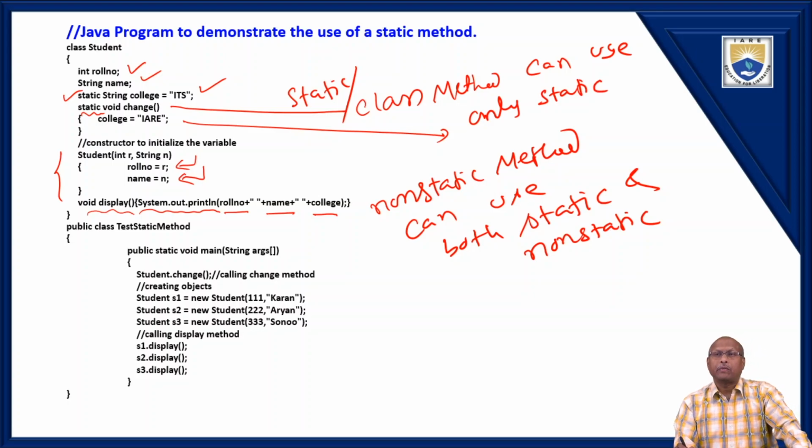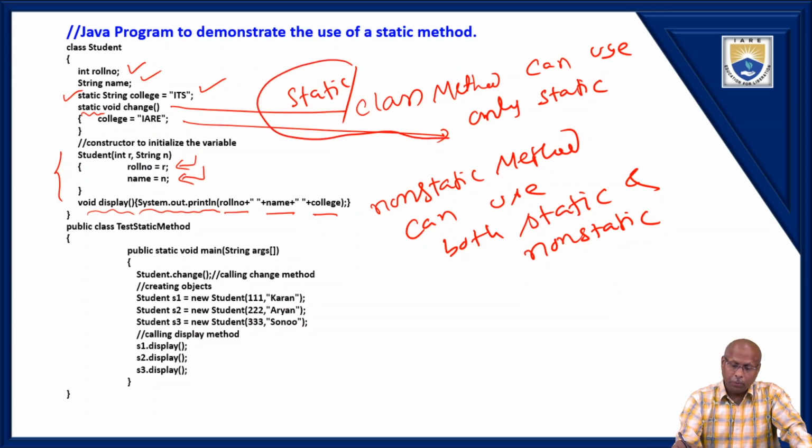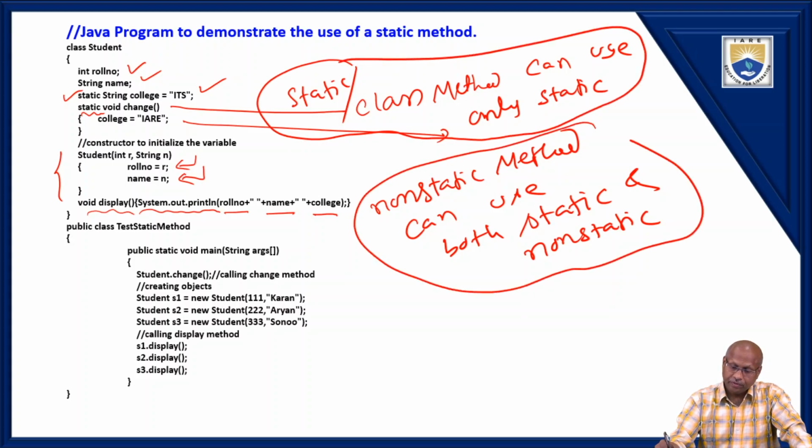So that point you should remember. Okay. This is one type of method. This is another type of method. If you know this point, then you can write the program comfortably.